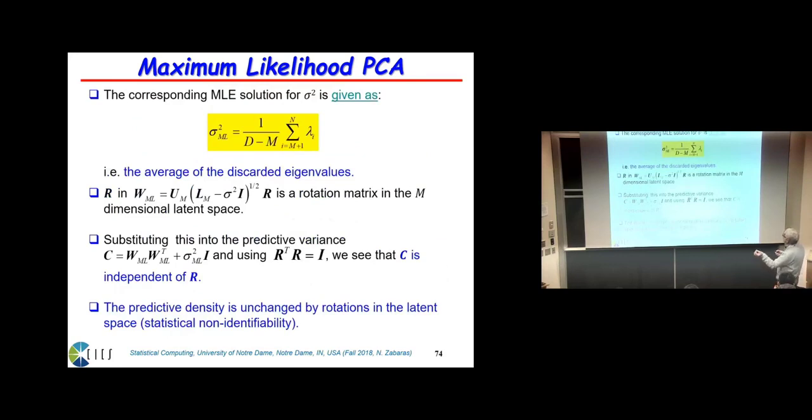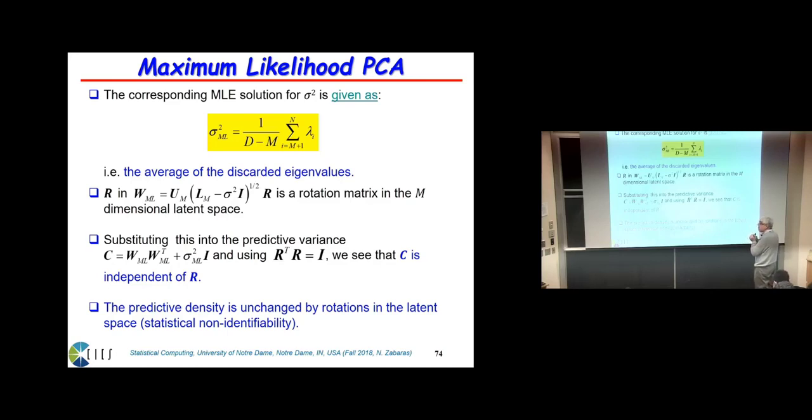There was this noise in the model, and when you do the optimization, you maximize the likelihood of the data with respect to sigma square. Again, by a miracle, it comes out that the MLE solution for sigma square is given by 1 over d minus m times the sum of the disregarded eigenvalues, where d is the total number of eigenvalues and d minus m is the number you disregard.